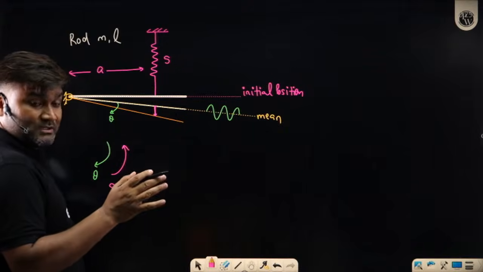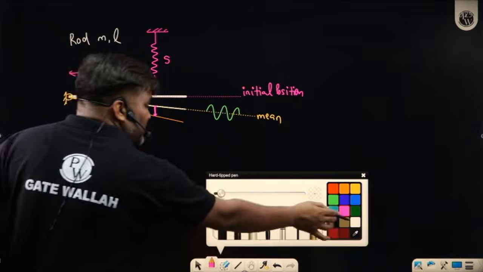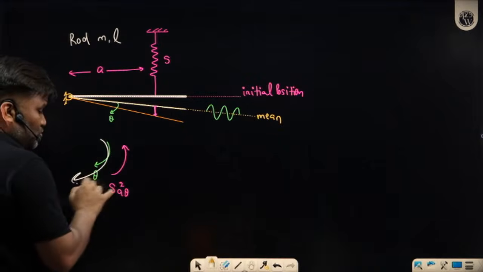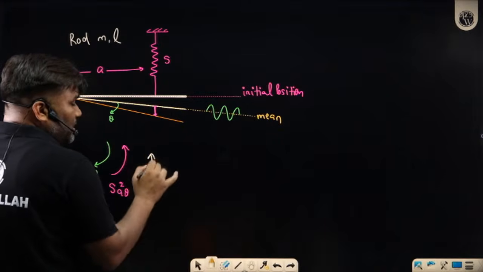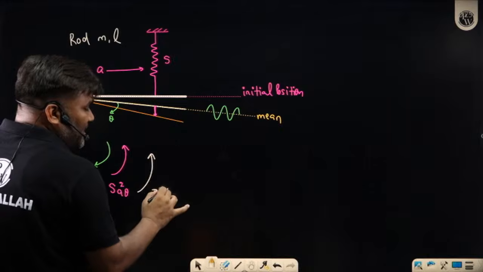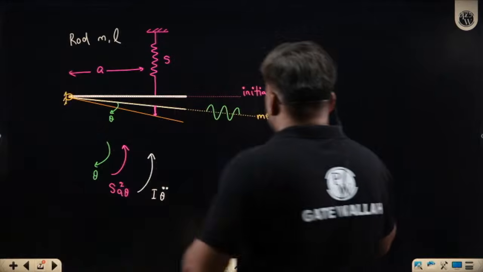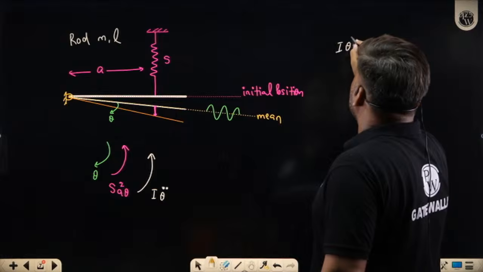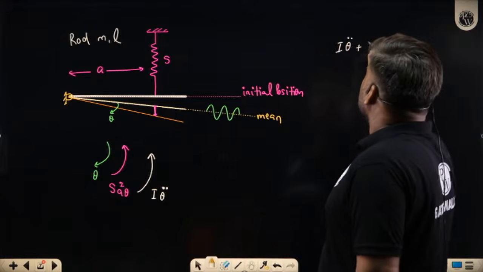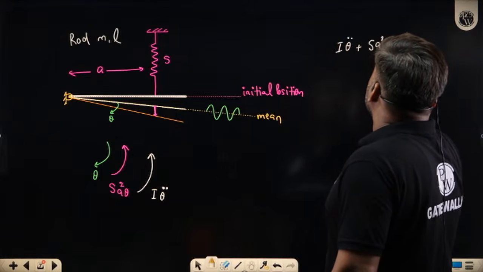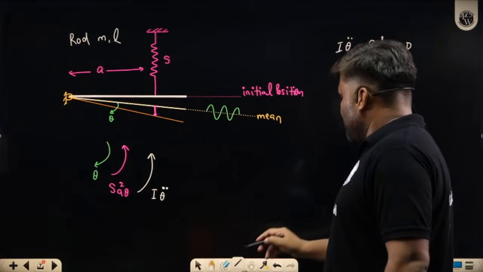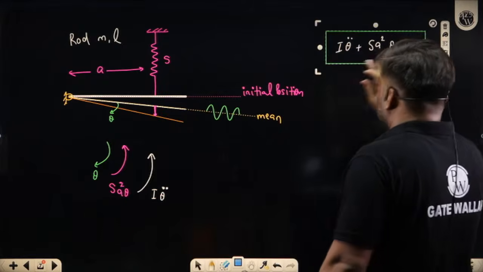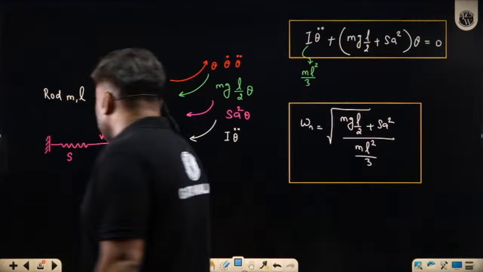Any other thing, or no other thing? Ask D'Alembert. D'Alembert will come, and opposite to the acceleration, the inertia torque I theta double dot will be applied, and everything becomes zero. So the equation will be written as I theta double dot plus s a square theta equals 0. Can you see the difference between this situation and the earlier situation, sir?